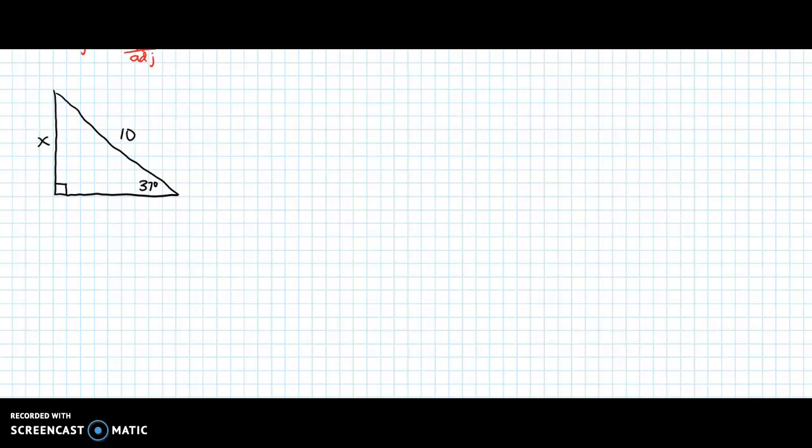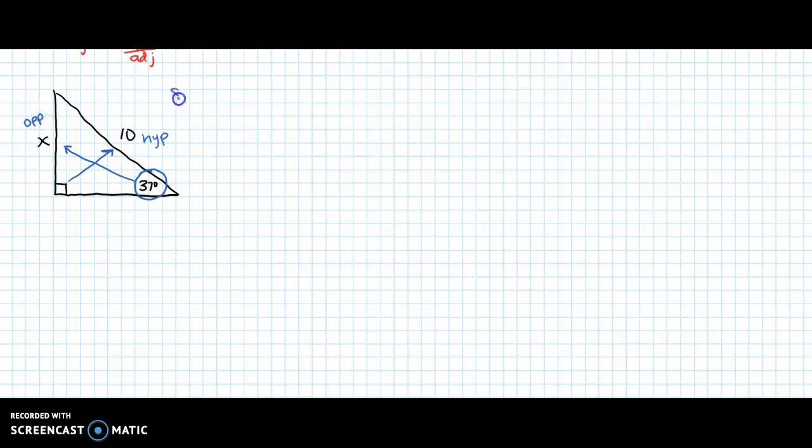So first, I always look at the angle that I'm given, in this case the 37 degrees, and look at my side measures and determine how they are related to this angle. So first, this 10 is the hypotenuse, and then x is opposite the 37. So that would be my opposite.